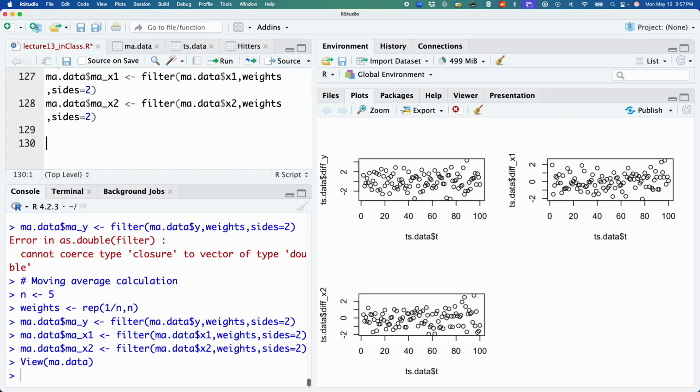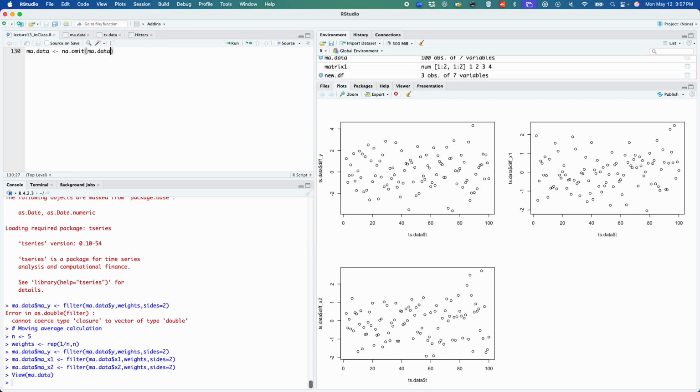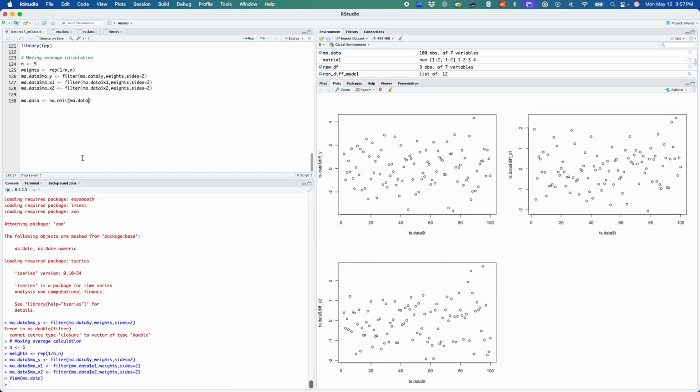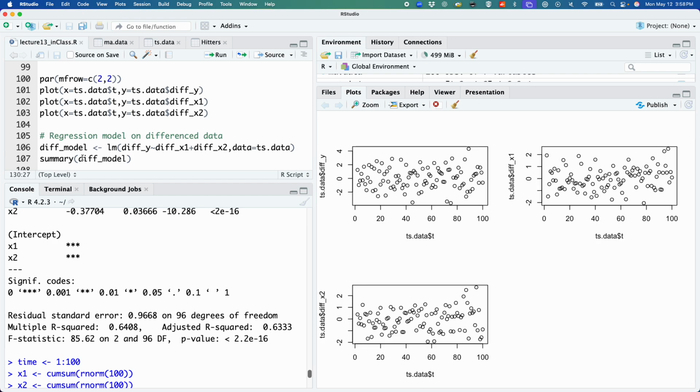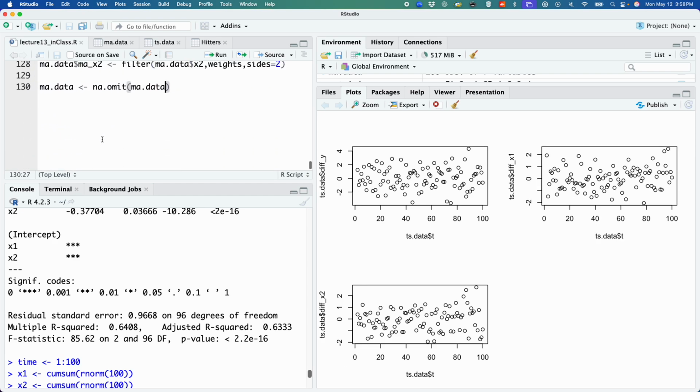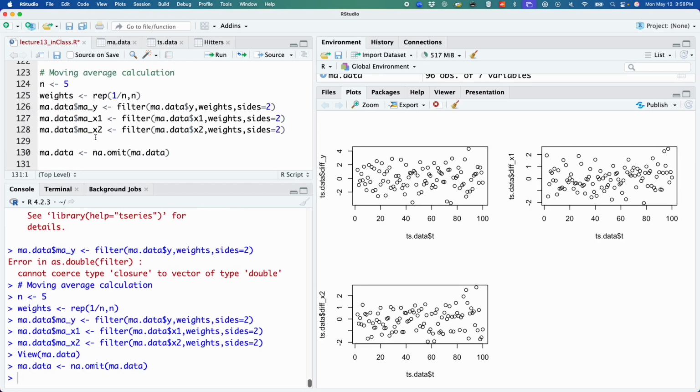Then I can drop the data with NA omit, MA data.